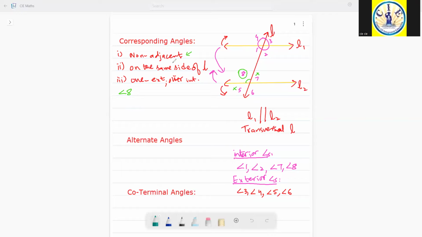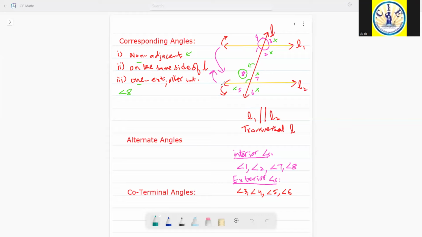Then on the same side of line L, since angle 8 is lying on the left side, angle 3, angle 2, and angle 6 cannot be the corresponding angles to angle 8. Then the third condition, one exterior and the other interior.